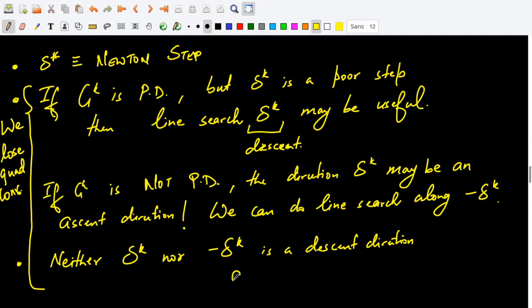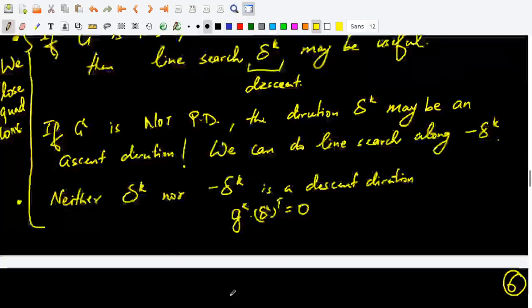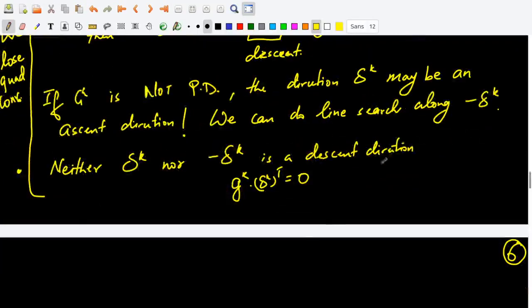So that means gk delta k transpose is actually 0. That means the function is flat along this direction. Then it's not even clear whether we should do any line search along delta k or not. In this case, we might have to modify the direction.